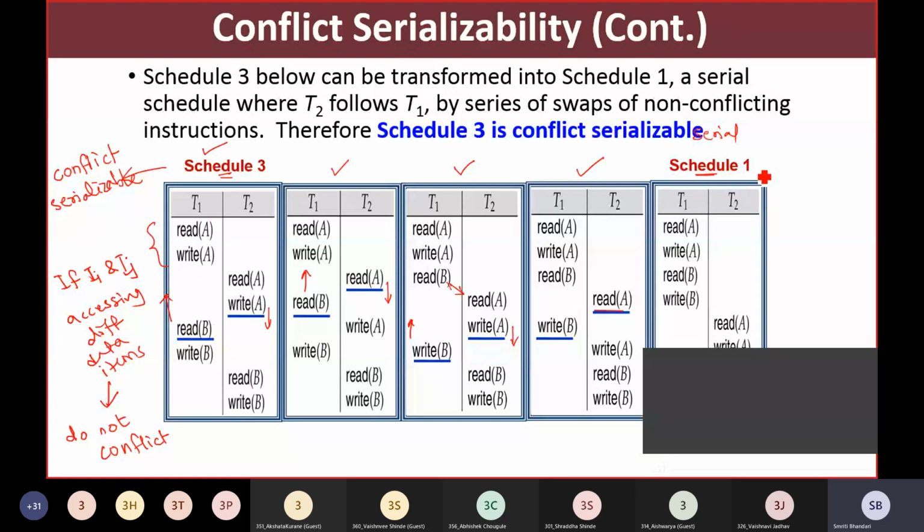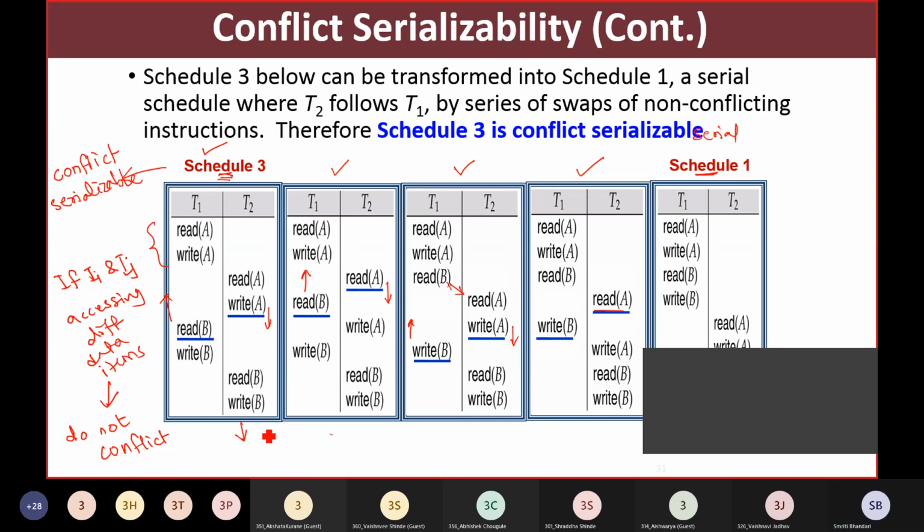So if it happens that after swapping the series of non-conflicting instructions, we come up with a schedule which is serial schedule, then we may say that this schedule 3 is conflict serializable schedule. Right? So I hope you must have understood now what we mean by conflict serializable schedule and what is conflict serializability.